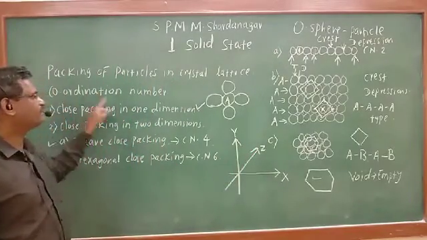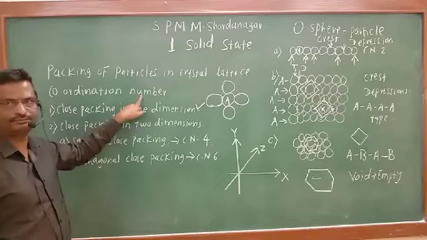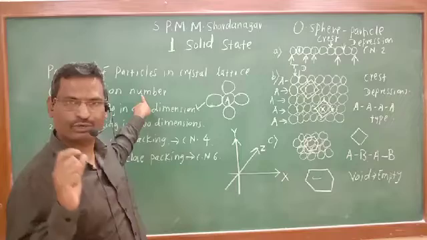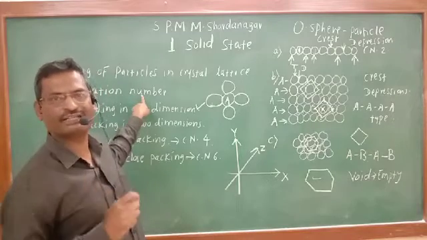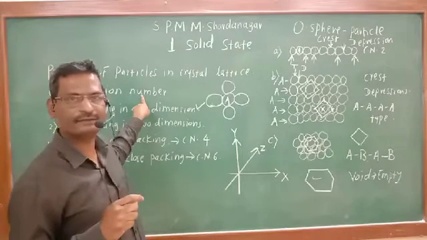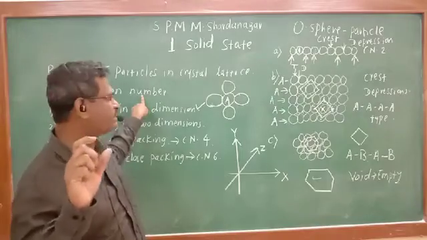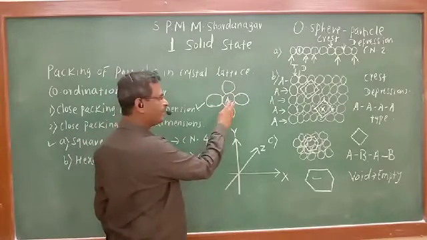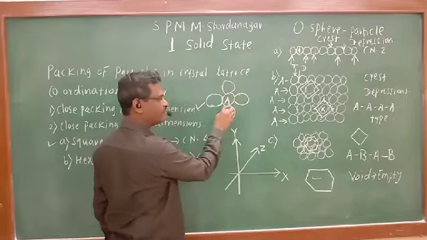Now, what is meant by coordination number? The number of spheres which will touch a particular sphere is known as coordination number of that sphere. For example, see here, I have drawn this diagram. A is the sphere at center.